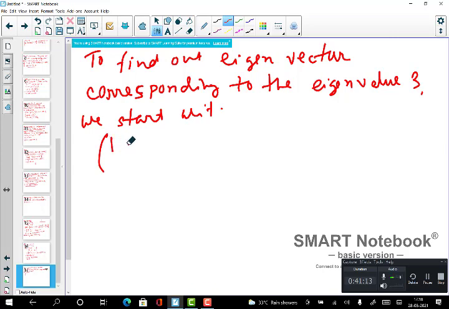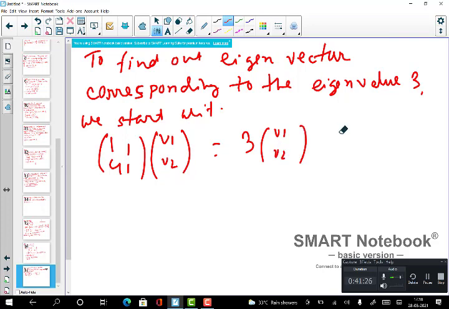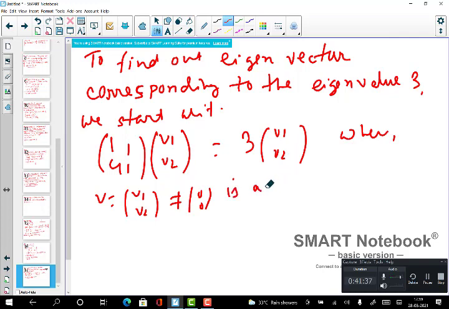A is this matrix, and suppose V is (V1, V2), because this is a two-dimensional vector space, R2 over R, and this has to be equal to 3 times (V1, V2), where V equal to (V1, V2), obviously non-zero, is an eigenvector of A.